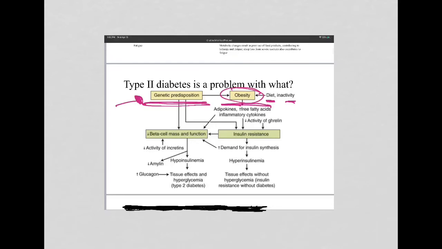So what happens with these patients, you start having inflammation and decreased activity of ghrelin, which is actually a hunger hormone, and that causes insulin resistance. And then what happens there is you have a decrease in the mass of the beta cells and function.